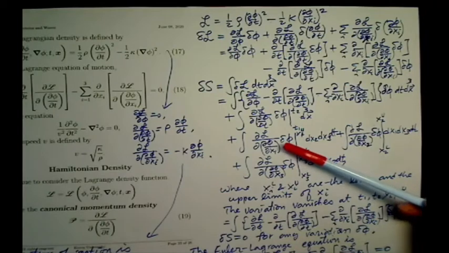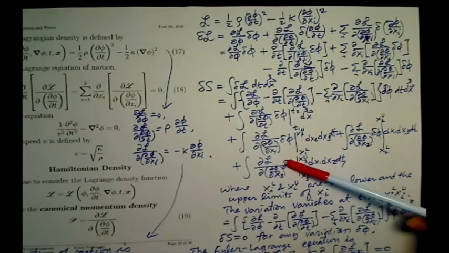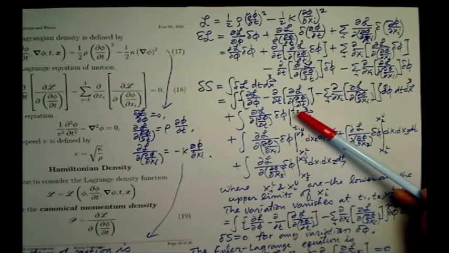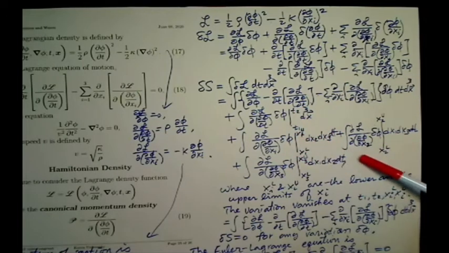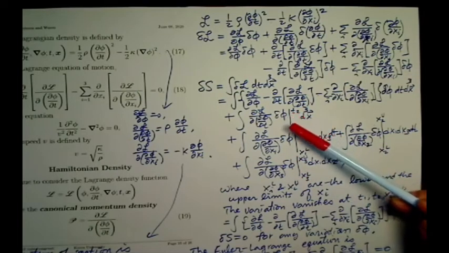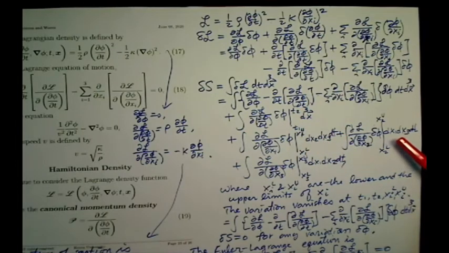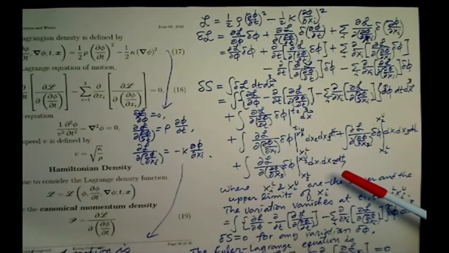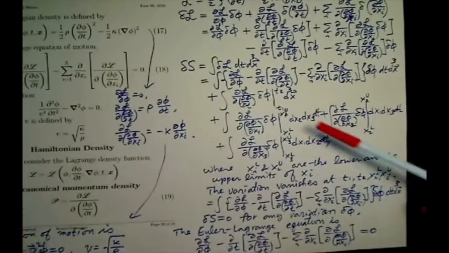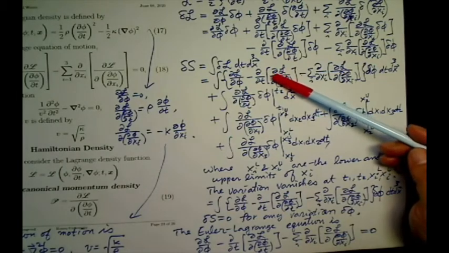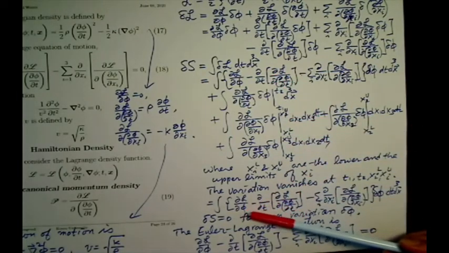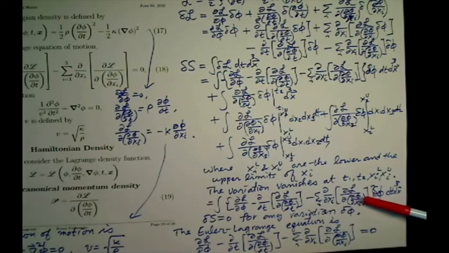As a result, these 4 pieces vanish because the endpoint values are all 0, because the variation is not allowed at endpoints of t, endpoints of x, endpoints of y, and endpoints of z. The variation of the action is now completely reduced into the integral over time and space, whose integrand has a factor of variation.